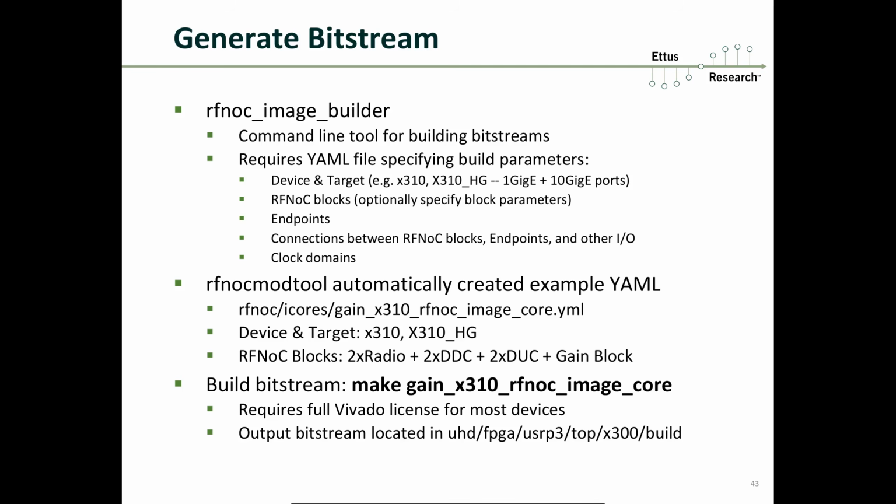What does this target mean if you haven't done much on the FPGA side of USRPs or building them? If you were to manually build your own image by running the make files in the FPGA directory in UHD, you'll see that every device has a set of targets, and those targets have certain meanings. For the X310, for instance, the HG image is called the hybrid image. What that means is this image will have 1 gigabit Ethernet on one of the SFPs and 10 gig E on the other.